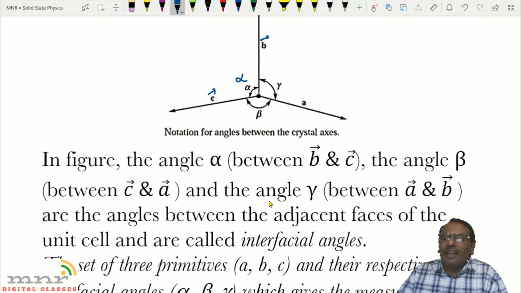Similarly, angle beta is given by the angle between the basis vectors c bar and a bar, and gamma is the angle between the basis vectors a bar and b bar. These three angles, alpha, beta and gamma, are called interfacial angles.